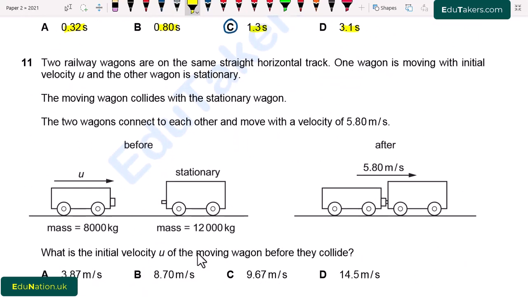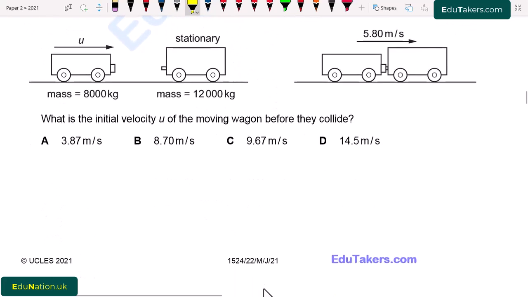Question number 11. Two railway wagons are on the same straight horizontal track. One wagon is moving with initial velocity u and the other wagon is stationary. The moving wagon collides with the stationary wagon. The two wagons connect to each other and move with a velocity of 5.80 meter per second. First of all, two wagons are shown.